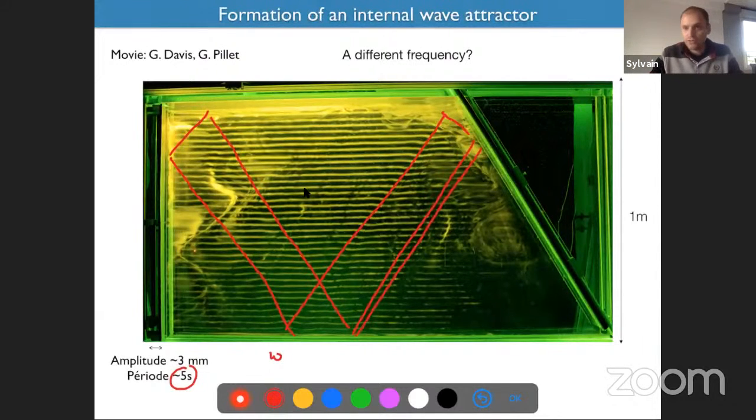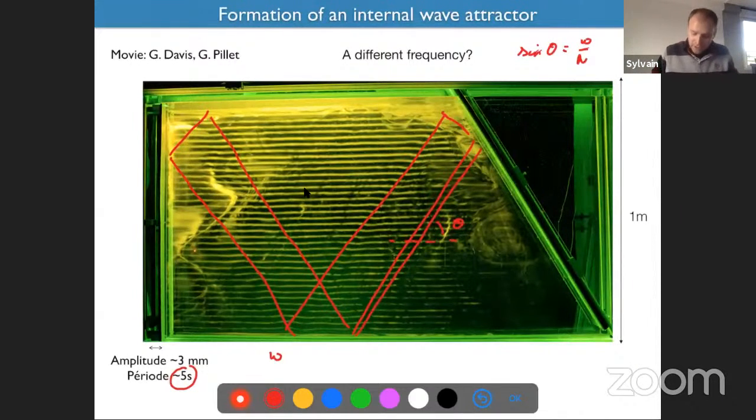We change the value of omega, we have many values of omega, and we always have a pattern. The pattern is always a bit different because this direction is fixed by theta, and theta is related to omega over N. But when you impose omega, N is fixed by the stratification you have created, and you can obtain such a pattern.